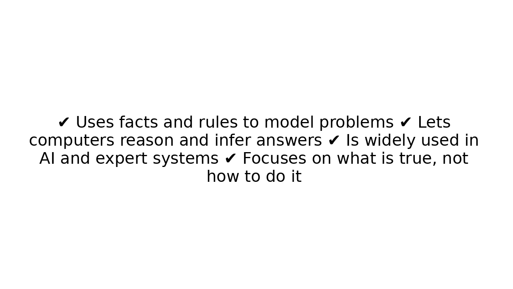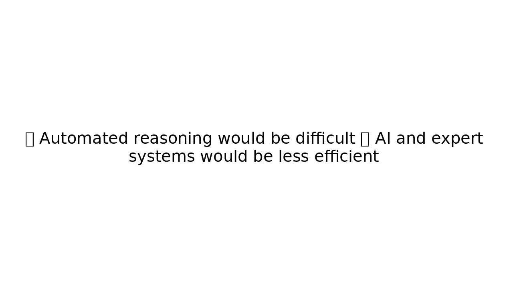Final summary. Logic programming: checkmark uses facts and rules to model problems. Checkmark lets computers reason and infer answers. Checkmark is widely used in AI and expert systems. Checkmark focuses on what is true, not how to do it. Without logic programming, crossmark automated reasoning would be difficult.